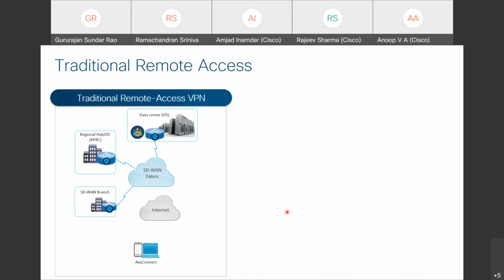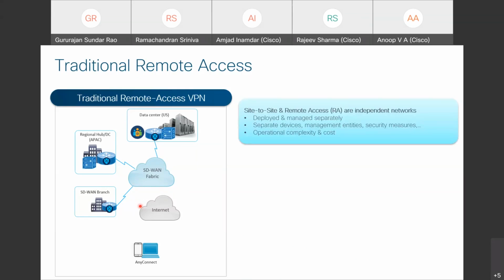This diagram shows a typical remote access deployment. We see a site-to-site network. Let's say we have a data center in the US region, a regional hub in the APAC region, and the branches in the APAC region, and they're all connected over SD-WAN or any other site-to-site network. If a customer needs to deploy remote access, the customer needs to deploy additional appliances, typically at centralized locations.